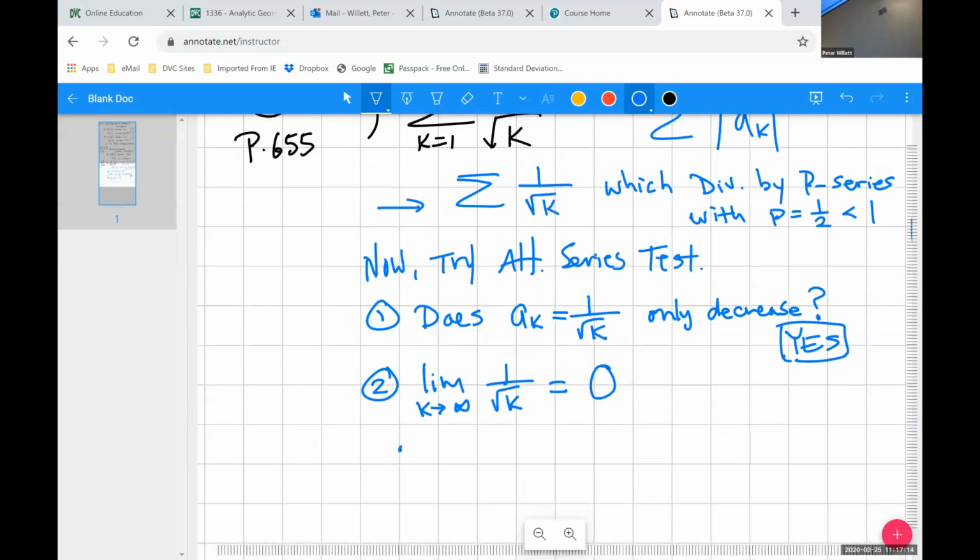So therefore, by the alternating series test, it converges.